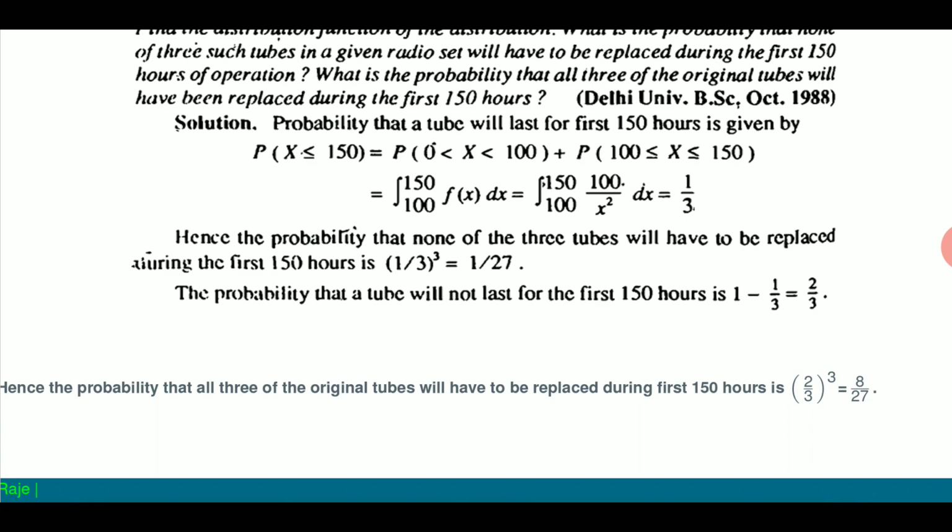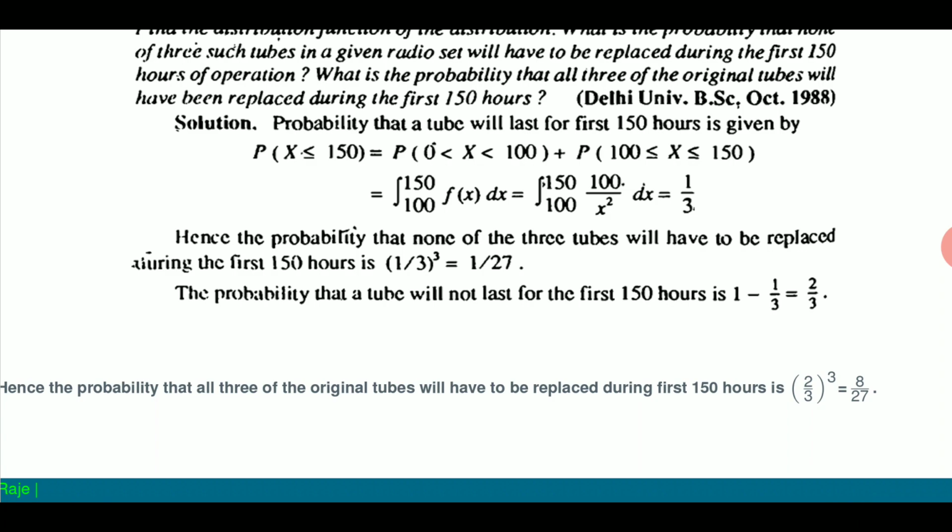So it is 1 by 3 whole cube, which is 1 by 27. The probability that a tube will not last for 150 hours is 1 minus the event, because the probability of the event happening plus the probability of it not happening always sums to 1. So it is 1 minus 1 by 3, which comes out to be 2 by 3.